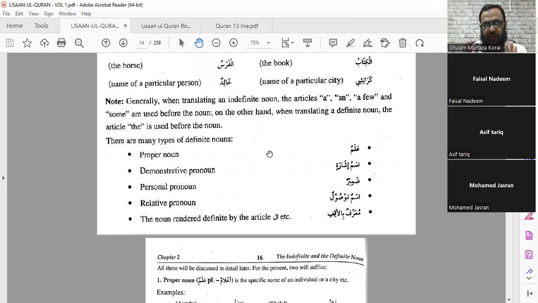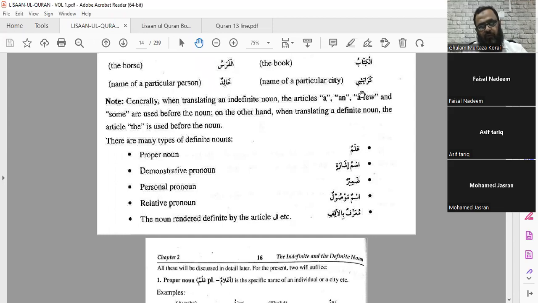And then we have the last one, mu'arraf bil-lam, a noun that is made proper by adding alif lam to it. Like farasun, al-farasu. When alif lam comes before any noun, tanween is dropped. What is tanween? Like zammatain, farasun; fathatain, farasan; kasratain, farasin.